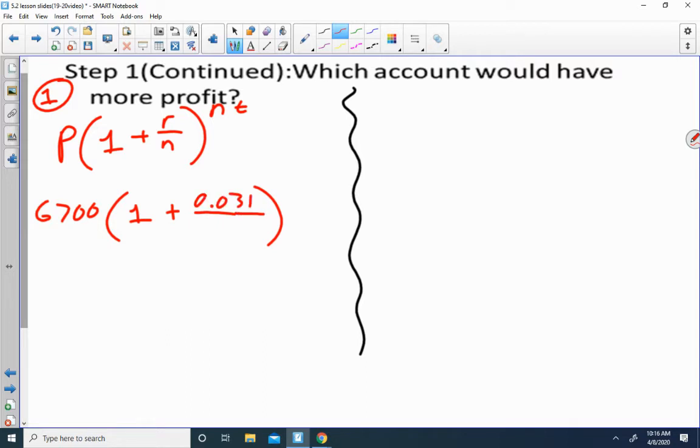The number of compounds, N, was 1, and then to the power of N times T, where N is again 1 and the time is 1 year. I've just plugged in P, R, and T, and now all that's left is to simplify.